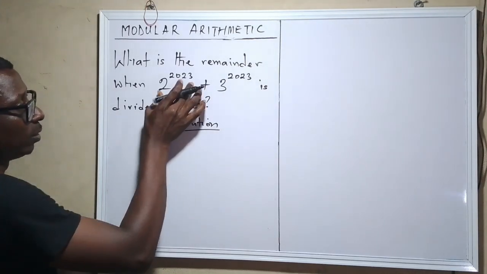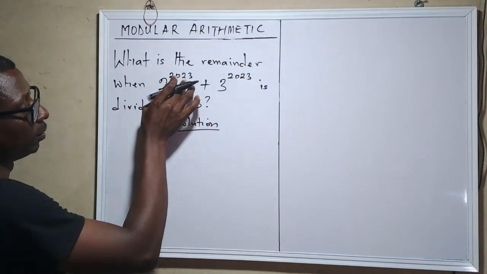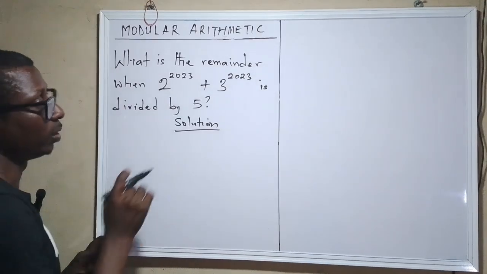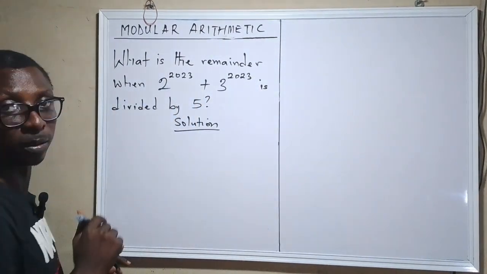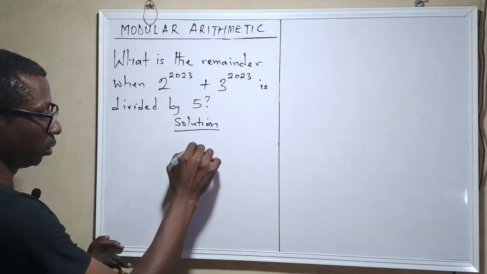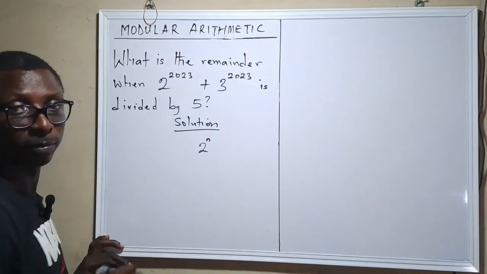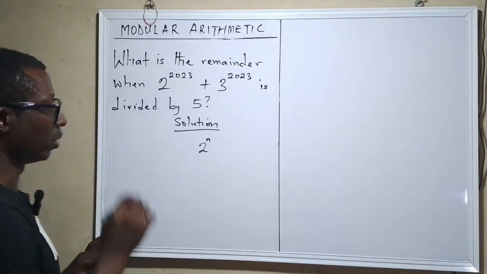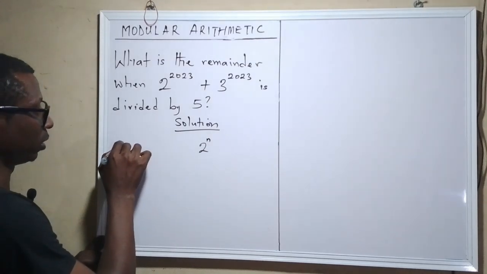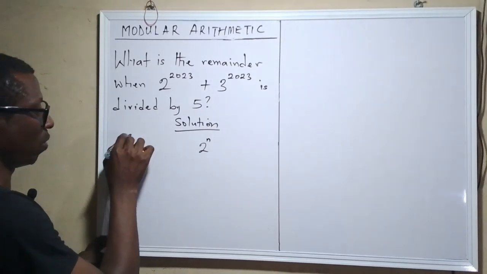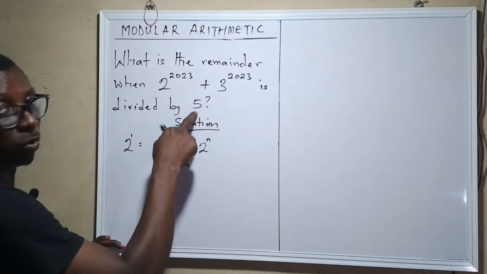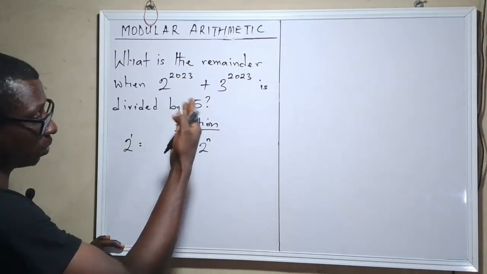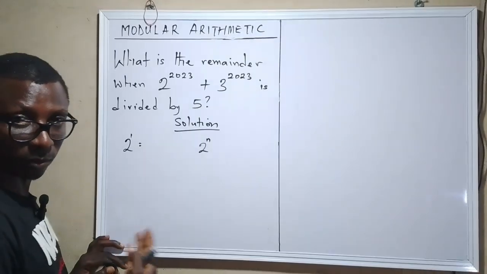Alright, so the first thing to do to find the remainder for this, we are going to look for the pattern of 2 raised to the power of n. So let's start with 2 raised to the power of 1 in mod 5, because once we are dividing by 5, that means we are working in mod 5.